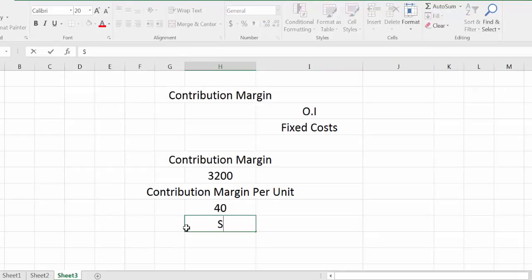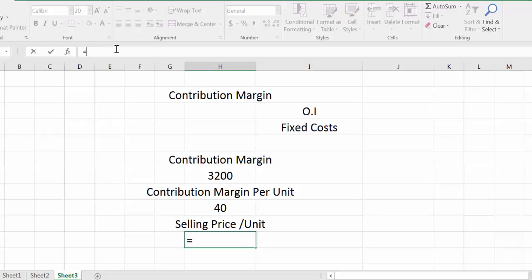So from there we can find the selling price per unit. You should know that the selling price per unit minus the variable cost per unit equals the contribution margin per unit.